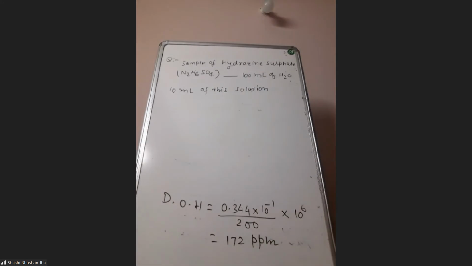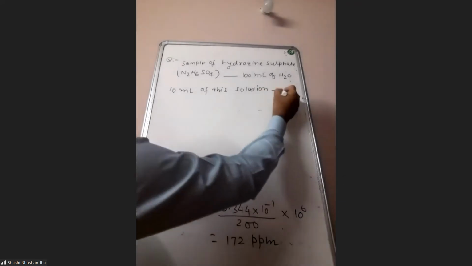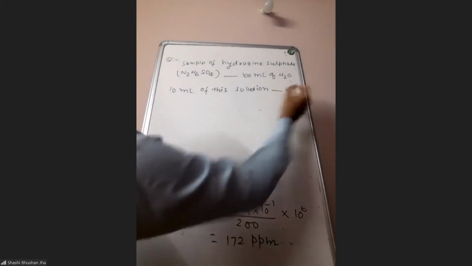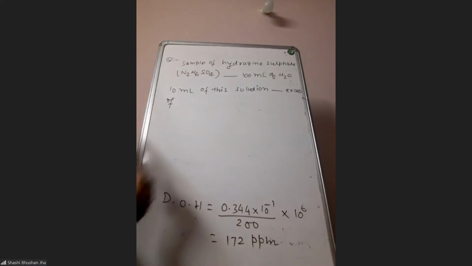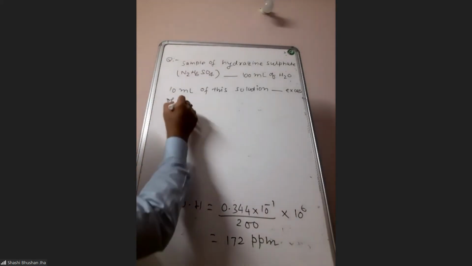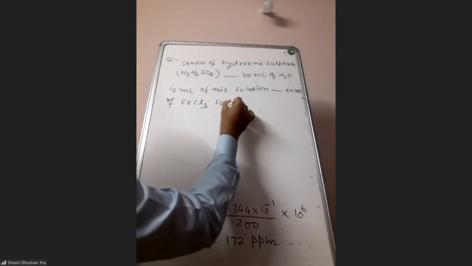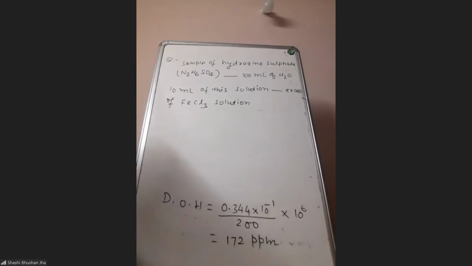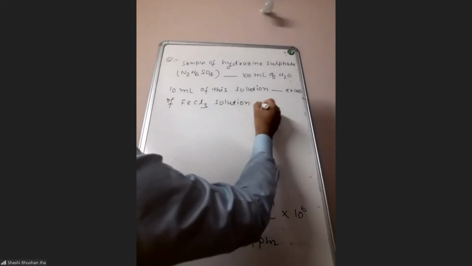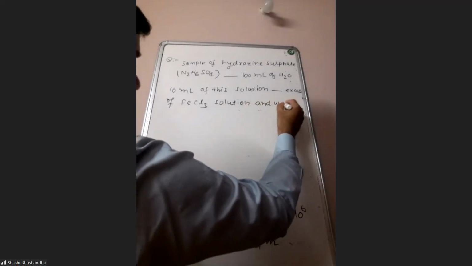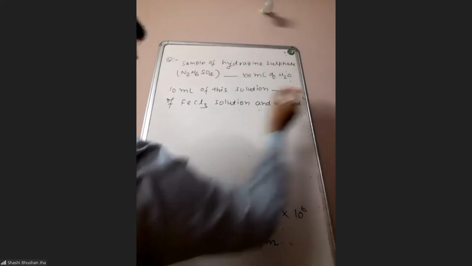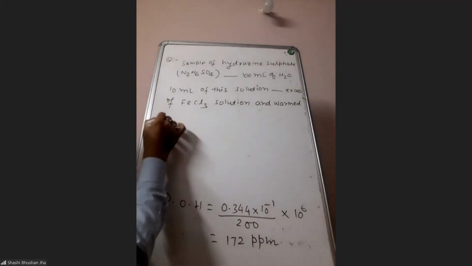Ten milliliter of the solution was reacted with excess of ferric chloride solution and warmed to complete the reaction.